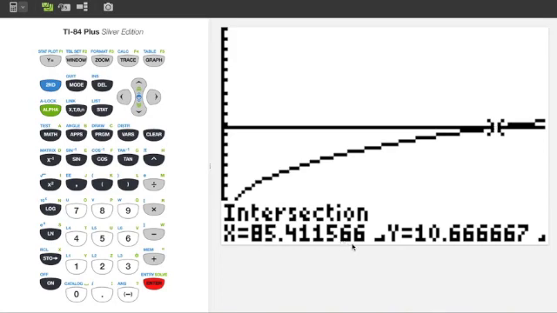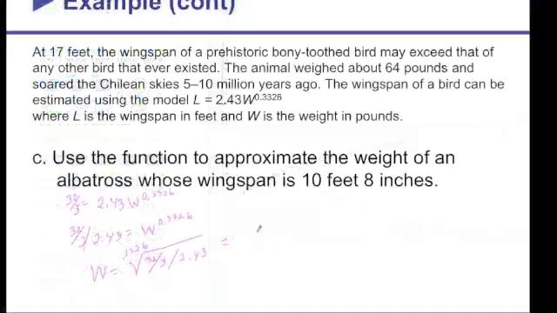So now we have two different ways that we can calculate that weight if we knew the wingspan. And that came out to 85.41 pounds.